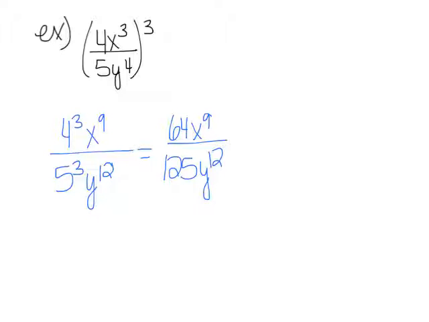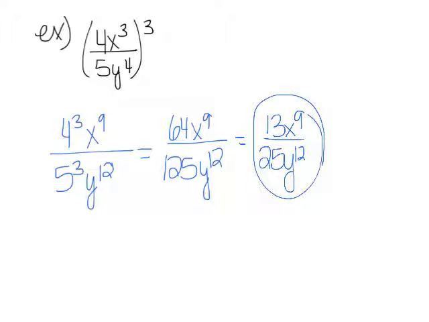And 64 over 125 will actually simplify to 13x to the 9th over 25y to the 12th power.